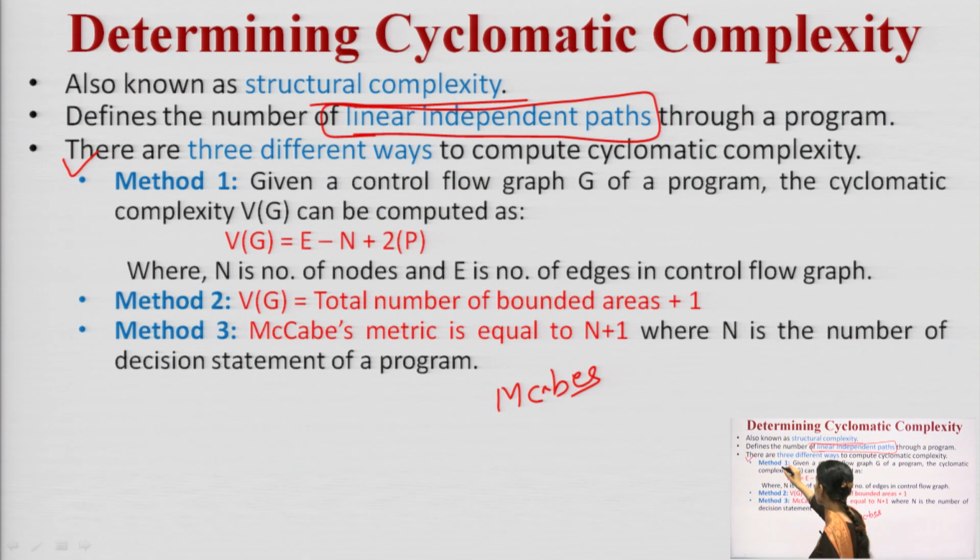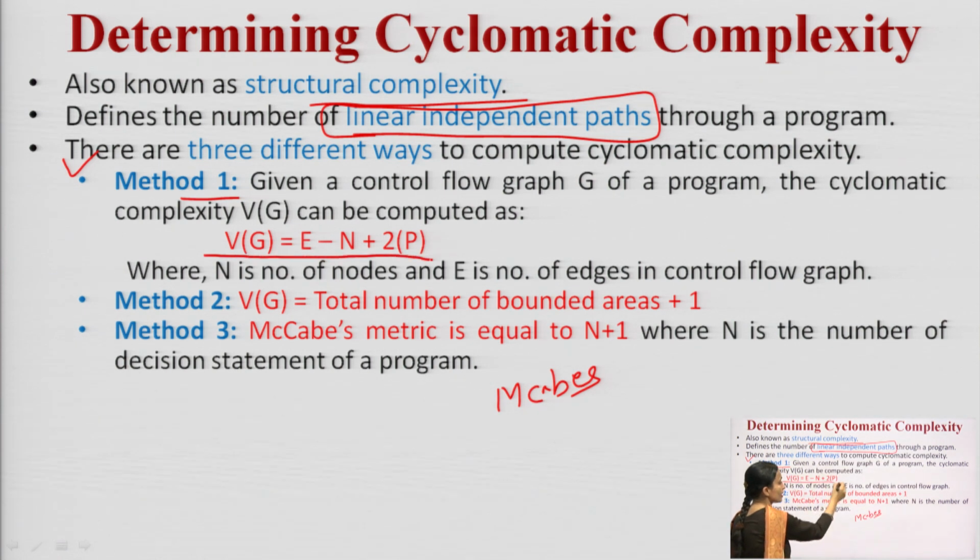First method: suppose there is a control graph G that I have drawn. The complexity can be computed as E minus n plus 2p, where E is the number of edges, n is the number of nodes in the CFG and p is the number of connected components.